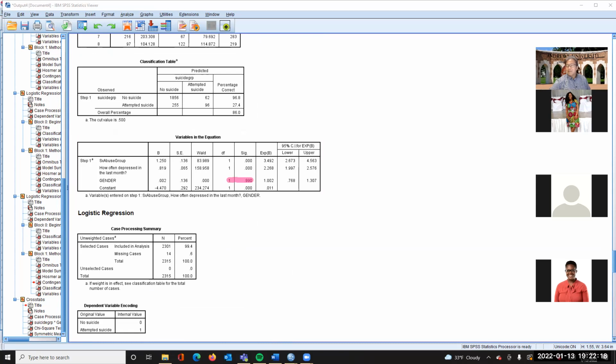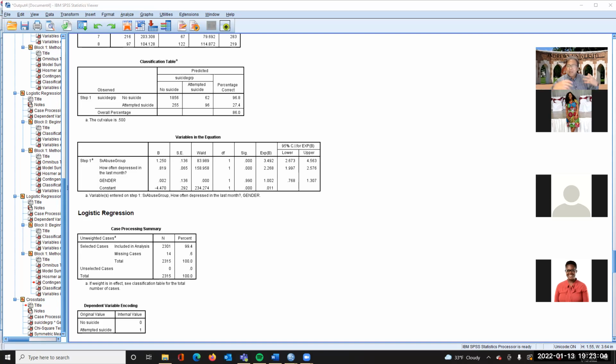All right. So this is one of the natures of regression analyses, or in this case, binary logistic regressions. In the presence of sexual abuse and depression, gender is not a significant predictor. So as you can see, the way you run regression analysis or binary logistic regressions, the logical step is basically the same as regression analyses.